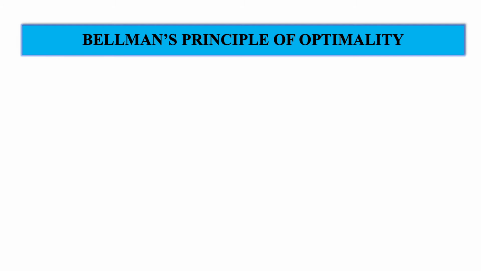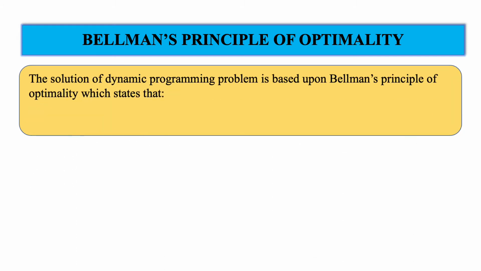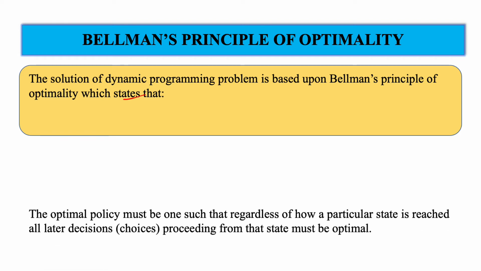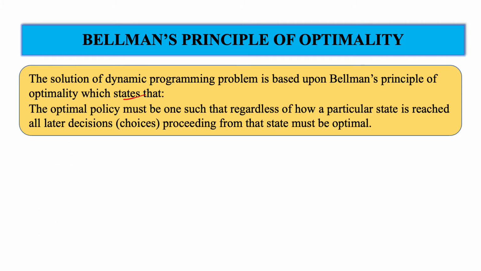Now, where does the solution of a dynamic programming problem come from? It comes from Bellman's principle of optimality. What does it state? It states that the optimal policy must be one such that regardless of how a particular state is reached, all later decisions proceeding from that state must be optimal.